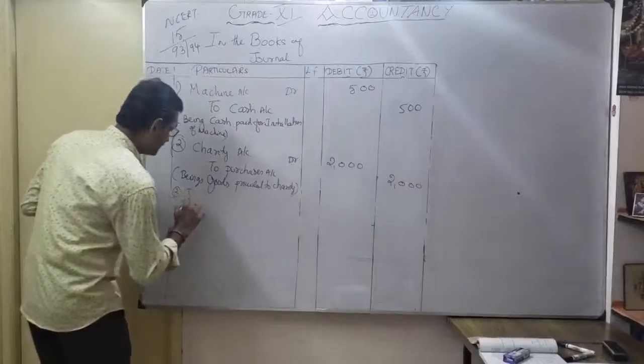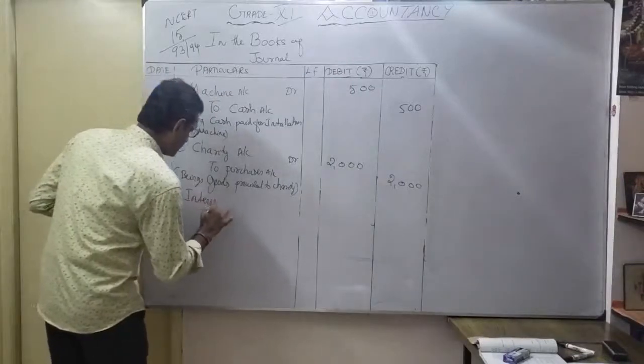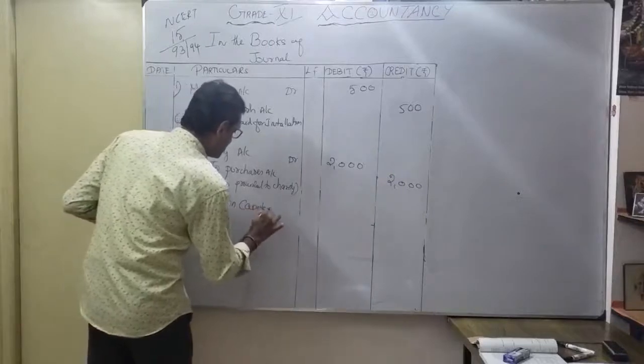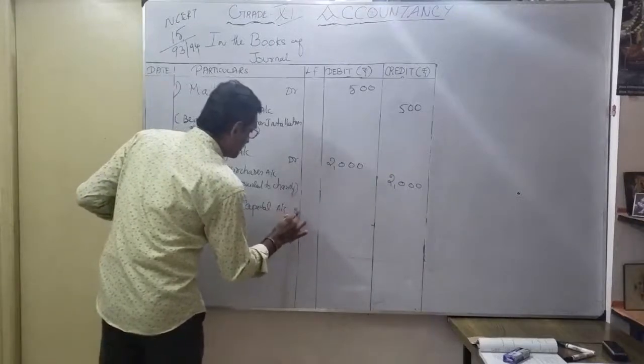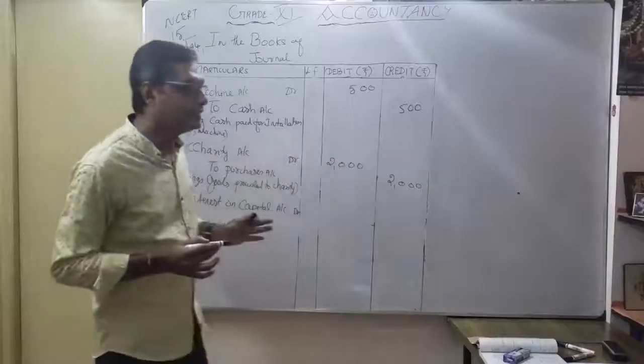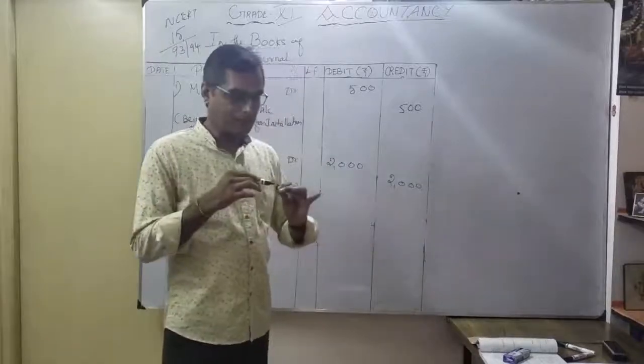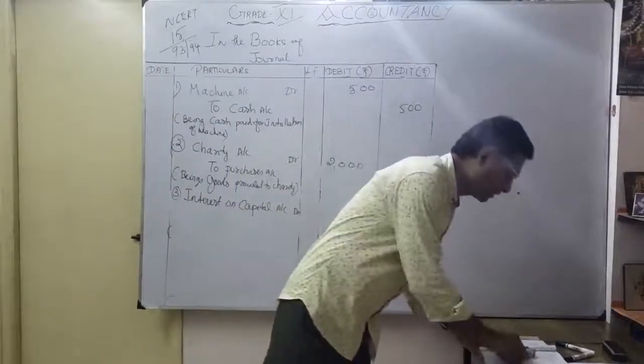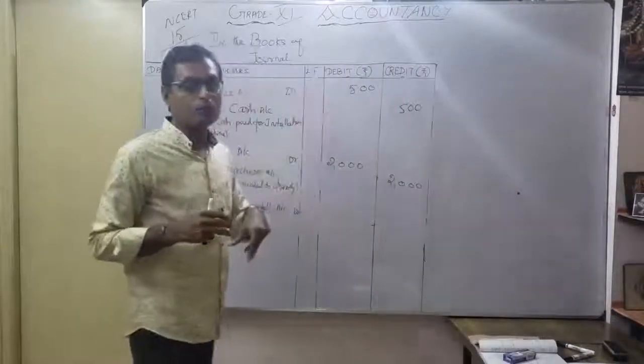Again interest on capital account. So what is the idea here? They simply gave 70,000 at the rate of how much? 7%. So whole year, per annum.